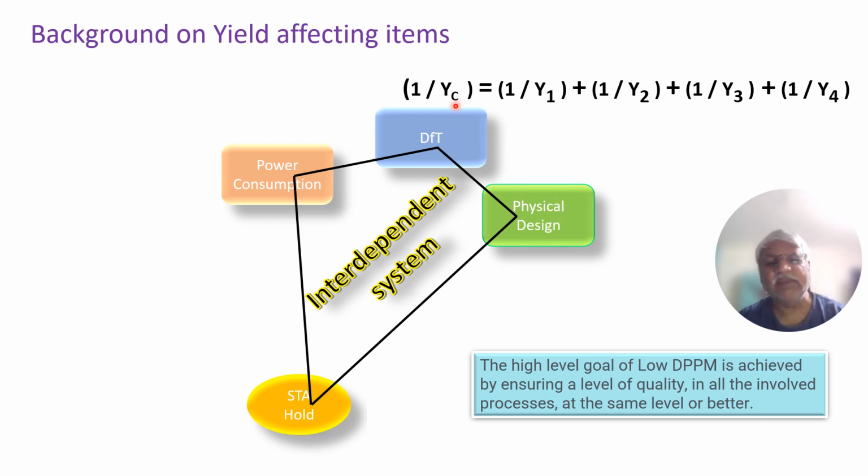Then the overall yield depends upon the next phase. So if it is power consumption or DFT, the overall yield depends on that. So we need to understand that all these stages' yield should be overall the same, or one can be slightly better, but not completely, variedly different.